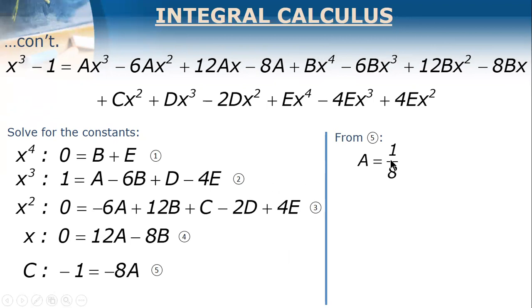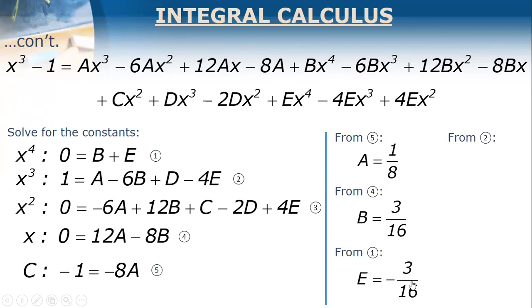And then after solving for A, we'll substitute it to equation 4. We can solve for B. So from 4, 12 times 1 over 8 divided by 8, that's our B, 3 over 16. And after solving for B, you proceed to equation 1. You can solve for E. So from 1, E is equal to negative 3 over 16.